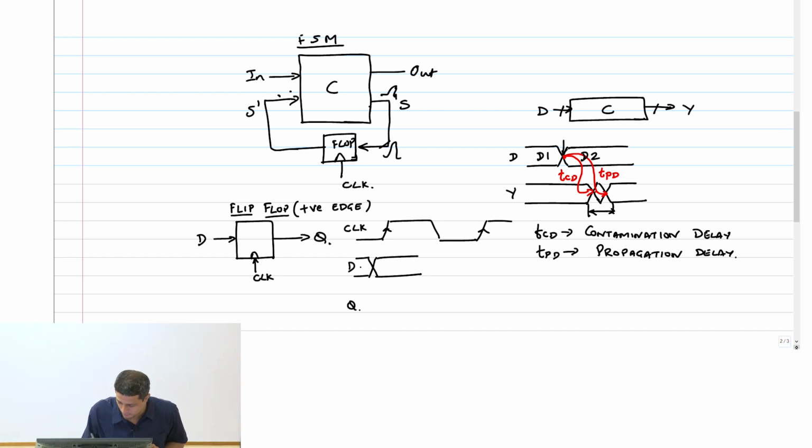So it went from D1 to D2. By the way, I will call this output here Y2, meaning D2 has now come to Y2. This will be Y1. So let's say that the data changed from D1 to D2 and then it again switched to D3 somewhere in between.